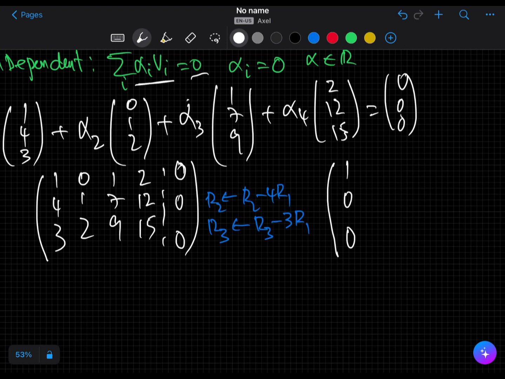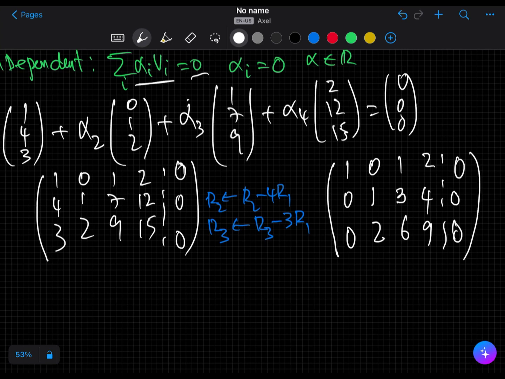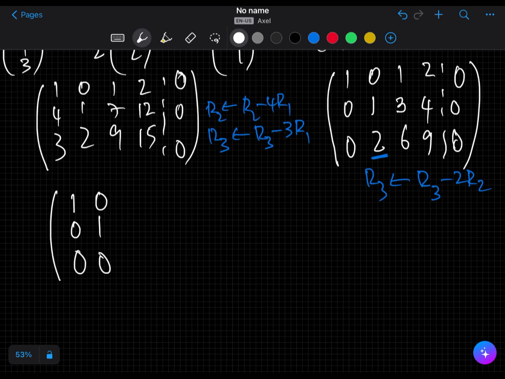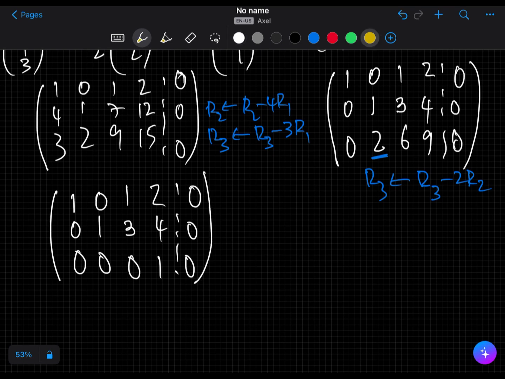The next thing I have to do is R3 equals R3 minus 2 R2, because I need to have a 0 over here. This will give me the reduced matrix with a last row of zeros. What do I notice here?